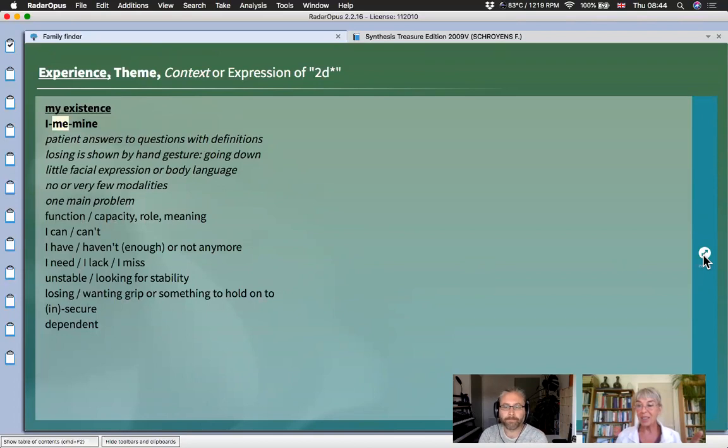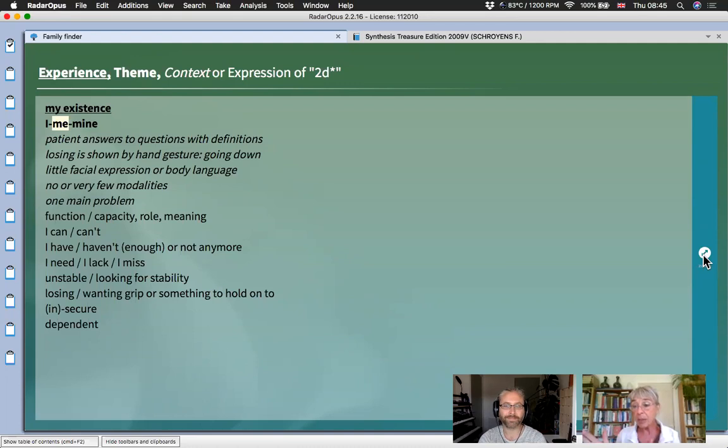Yeah. And that's also the context of the themes of 2D. It's all about me. It's my family, it's my money, it's my position, it's my identity, it's my job, it's my responsibility, whatever.